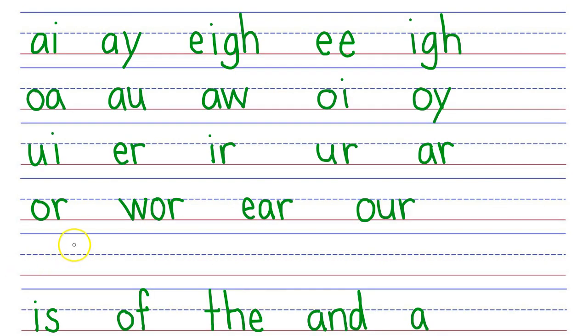Now, let's read all of the multi-letter vowel phonograms that we have learned as quickly as we can, okay? If you can read these quickly, you'll know that you're ready for the next section of Story Hour Academy. Start with AI.